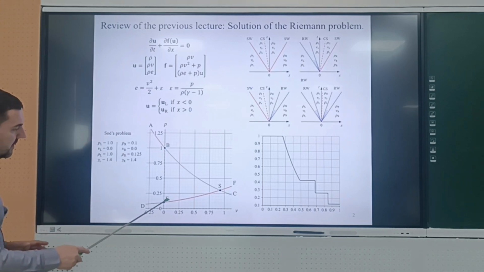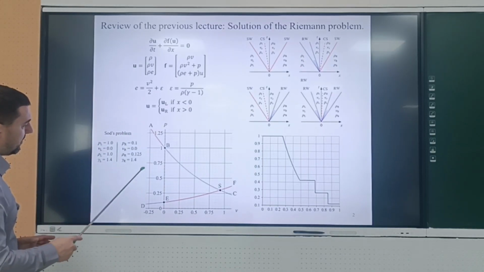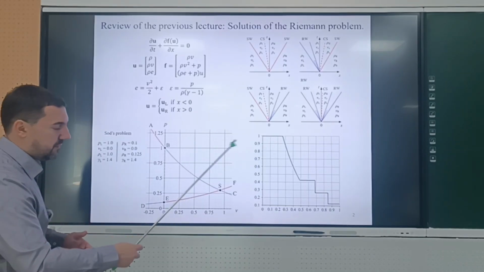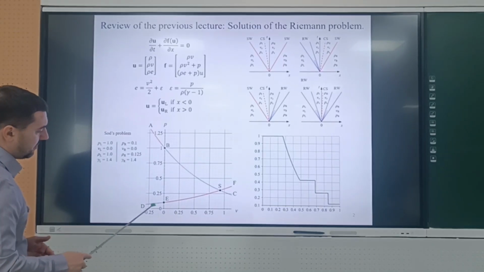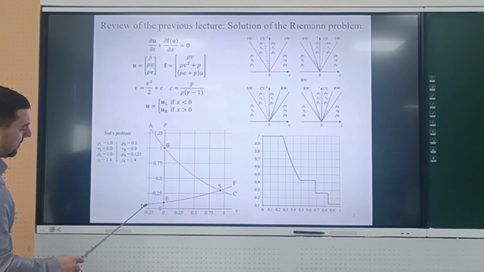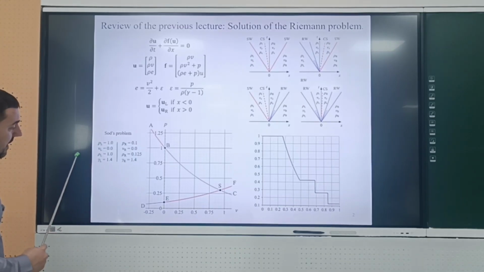This red curve is all possible states for the gas to the right of the discontinuity after propagation of any shock wave. And this blue curve is the Poisson adiabatic curve corresponding to all reflection states for the right gas.